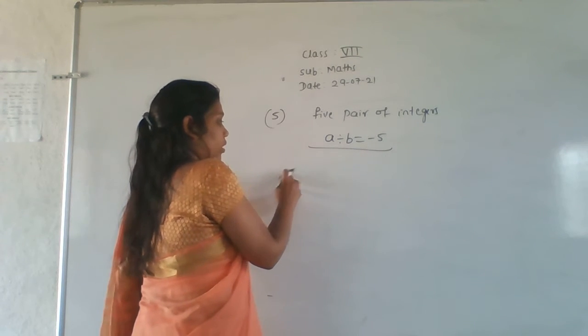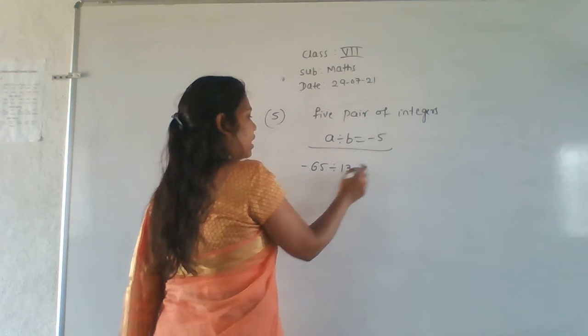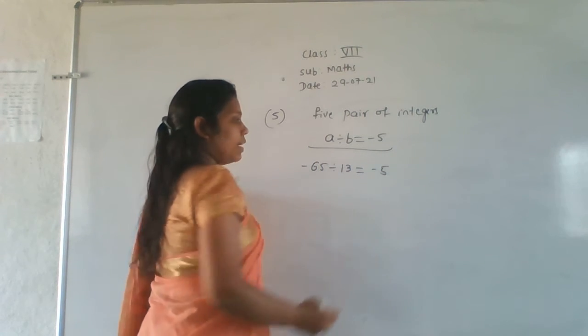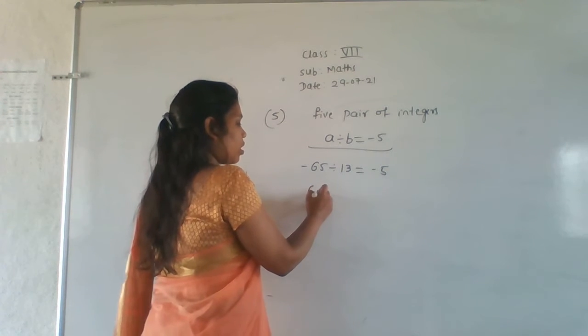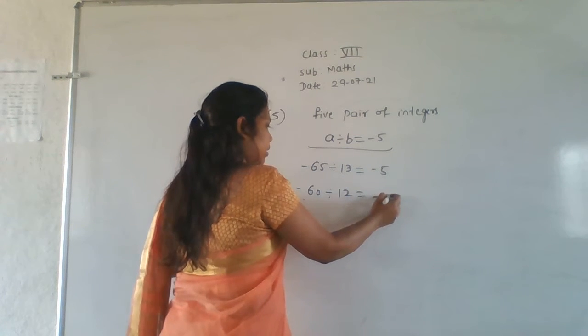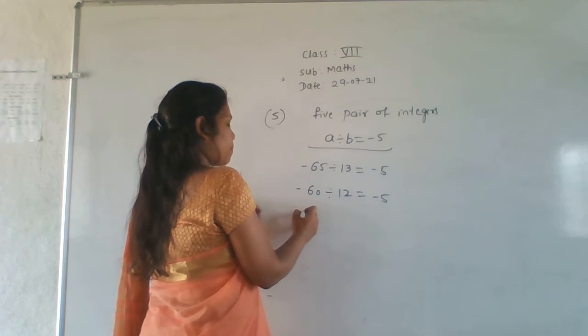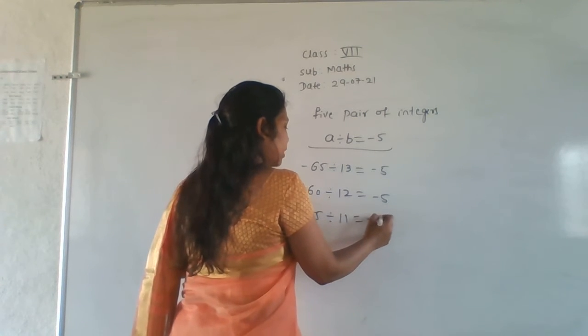Like this we have to write the 5 integer pairs. So right here, minus 65 divided by 13 will be minus 5, because 13 5s are 65. Next, minus 60 divided by 12; 12 5s are 60, right? Next, minus 55 divided by 11 will be minus 5.